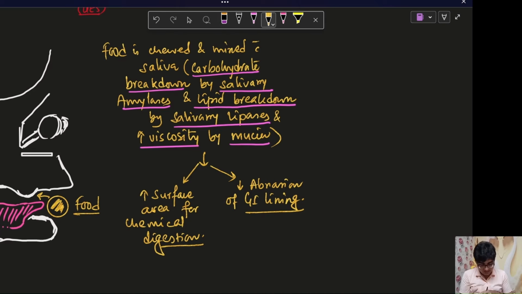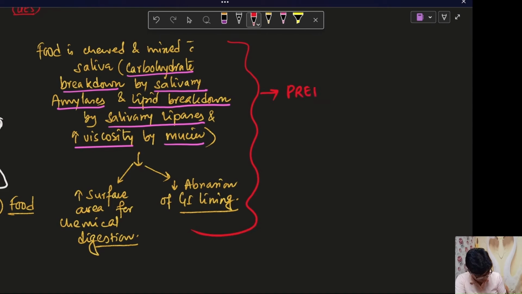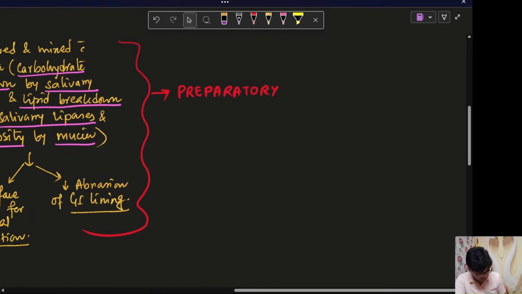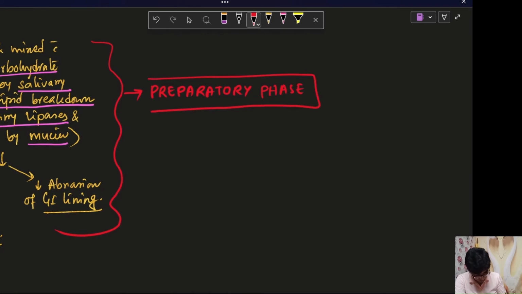The salivary lipases and amylases breaking down the carbohydrates and lipids increase the surface area of the food particles for chemical digestion. So these occur in what is said to be the preparatory stage, as per some resources. Correct?